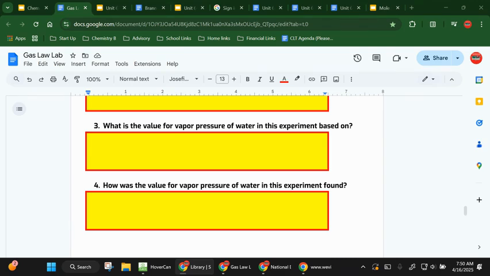So you can get the numbers from them, you can get the observations from them, and then you guys can work on the questions and things.